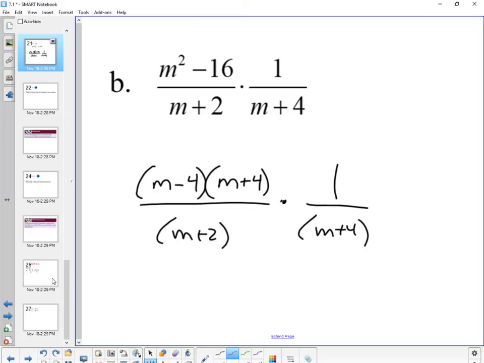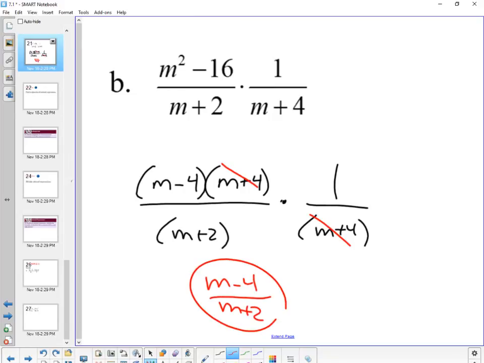Ones. The n plus 4, n plus 4. So, m minus 4 over m plus 2. Well, what's 1 times a number? That number, right?